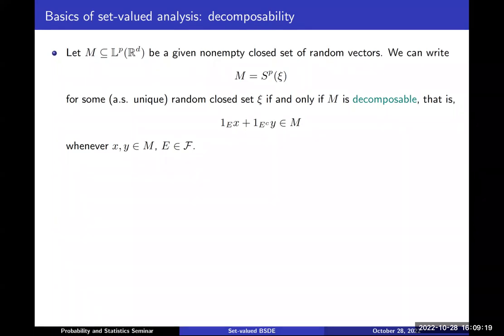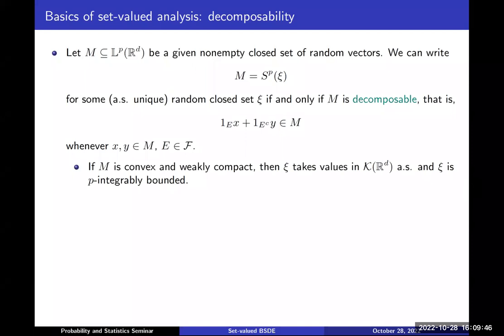If you have a closed and a decomposable subset of LP, then there is always a random set, which is almost surely unique, whose selectors give us M. So if M is closed and decomposable, you can always find an almost surely unique random set C, whose selectors is equal to M. That's a very important tool.